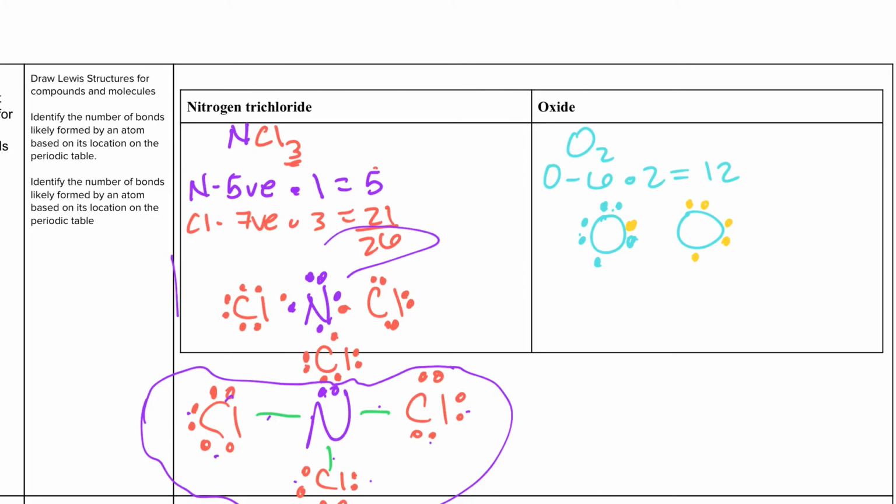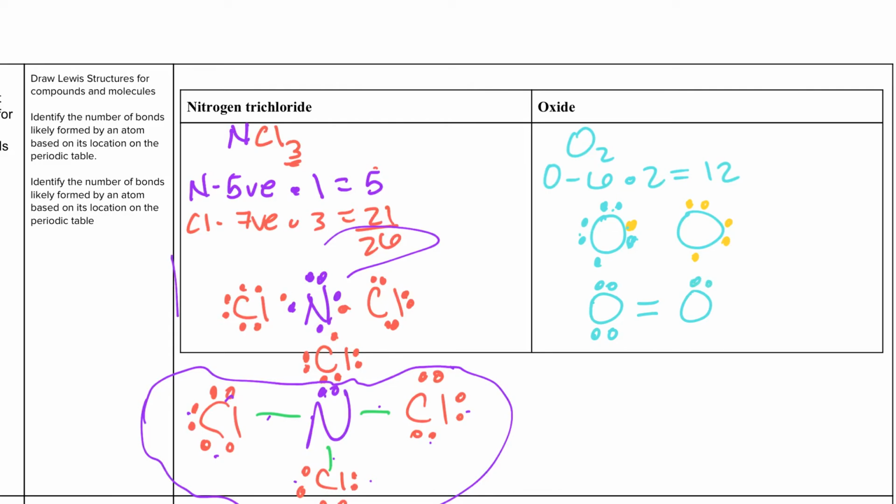But in this case, oxygen likes to bond with itself. So we're going to have oxygen, and then 1, 2, 3, 4, because it needs to have 8 valence electrons around itself. And here, this oxygen has 1, 2, 3, 4, 5, 6, 7. It only had 7 valence electrons, so it wasn't happy. It wanted 8.